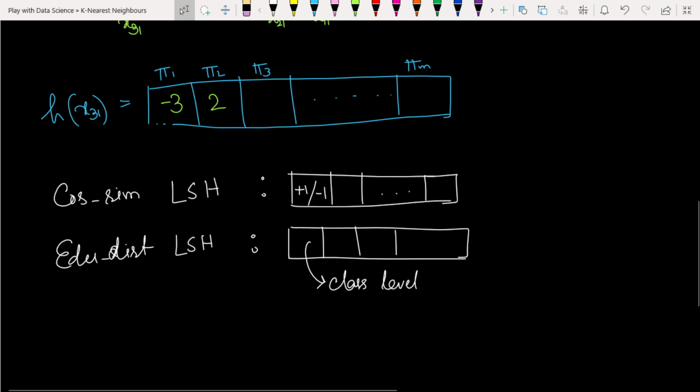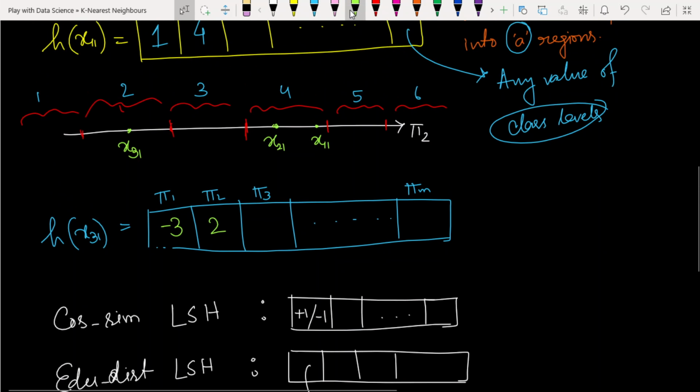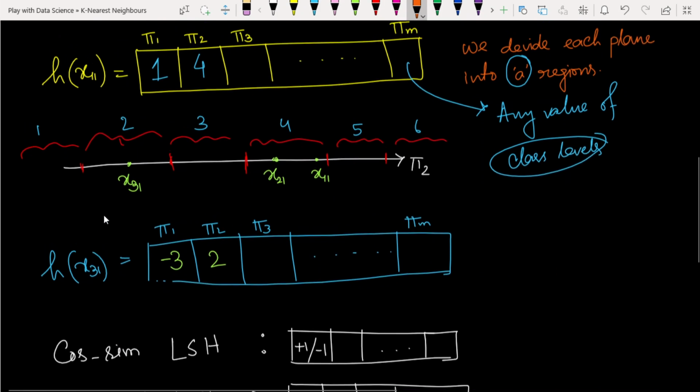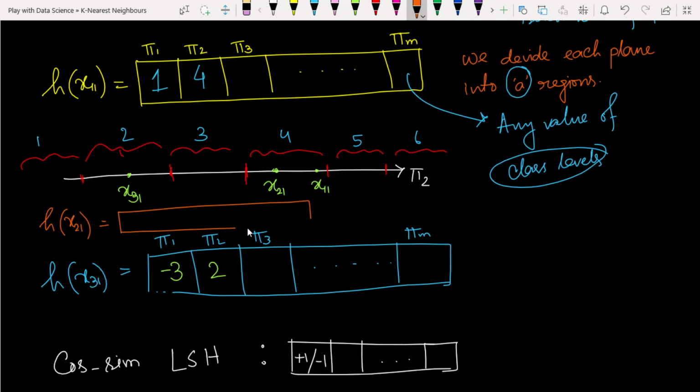So this is the main difference between cosine similarity LSH and Euclidean distance LSH. Now let's see, if we just calculate the hash value of x21, this will be like that. So the first value for pi1 the x2, this will be 4.